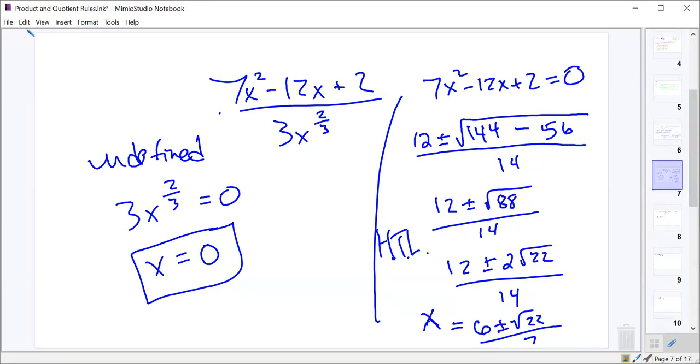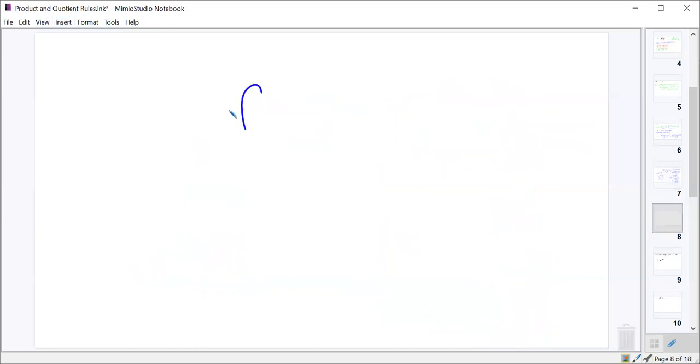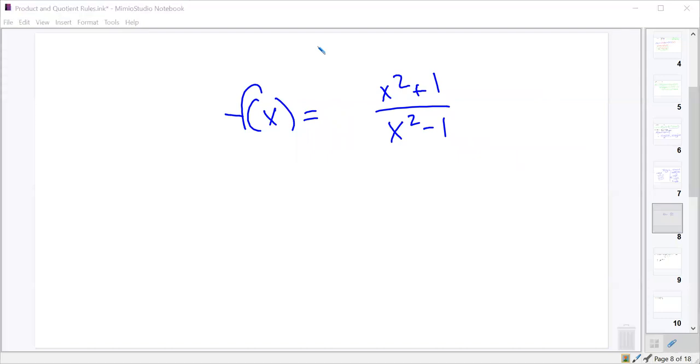All right. What if I gave you something like this? F of x equals x squared plus 1 over x squared minus 1. How would we take the derivative of that? You could use the product rule.